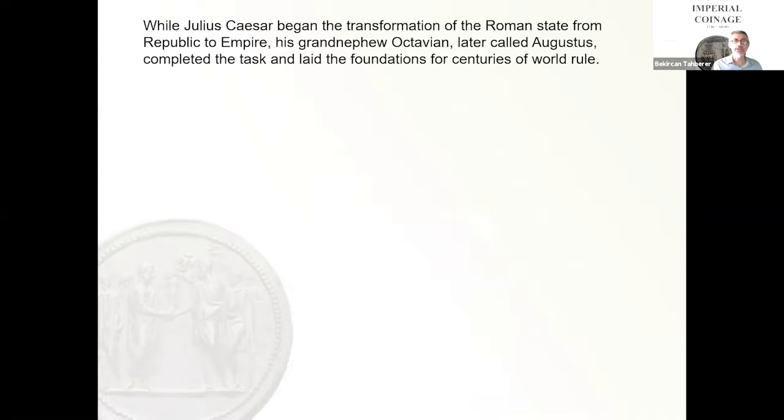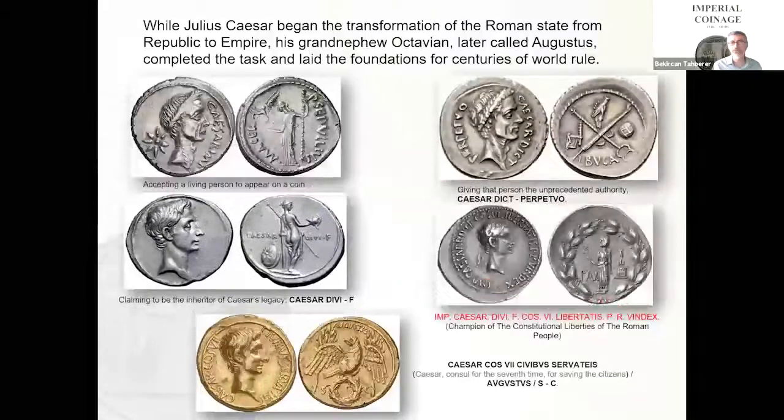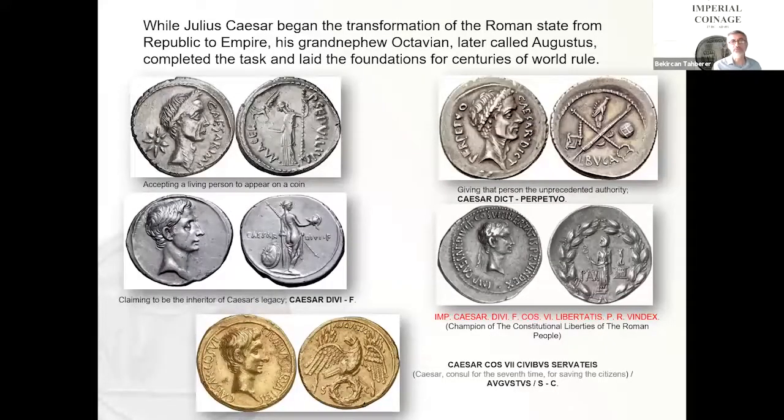Okay, so while Julius Caesar began the transformation of the Roman state from republic to empire, his grandnephew Octavian, later called Augustus, completed the task and laid the foundations for centuries of world rule. This is actually an interesting topic. And while I was researching the Roman usurpers, I simply felt that Caesar was the first usurper, actually.